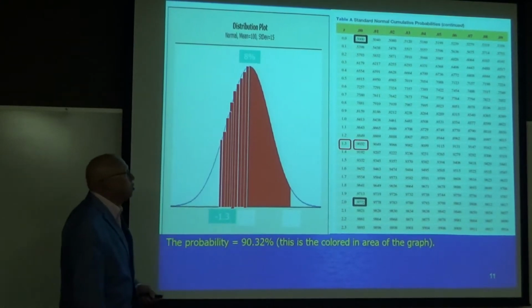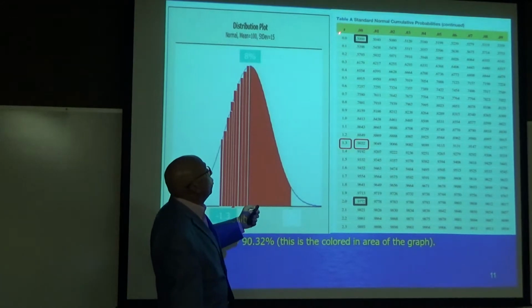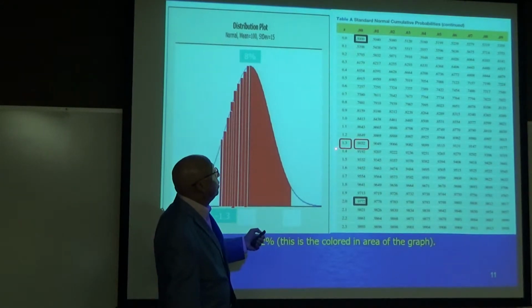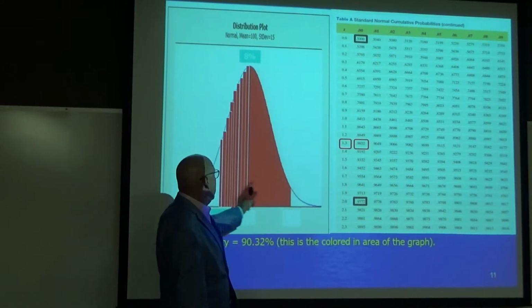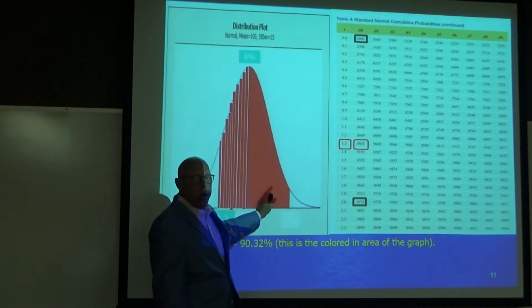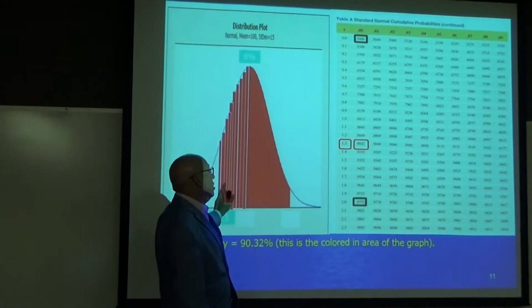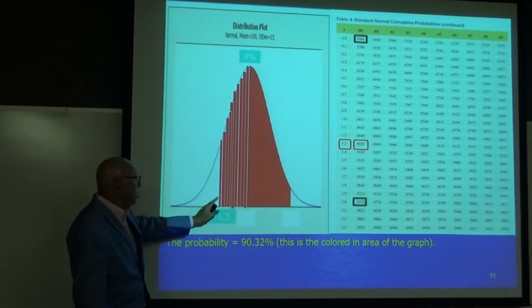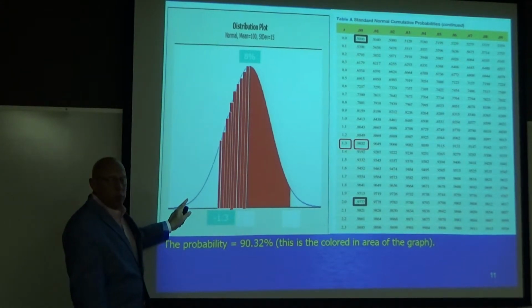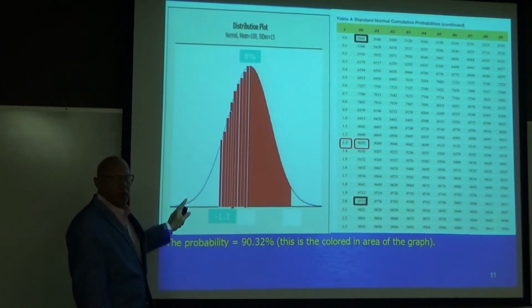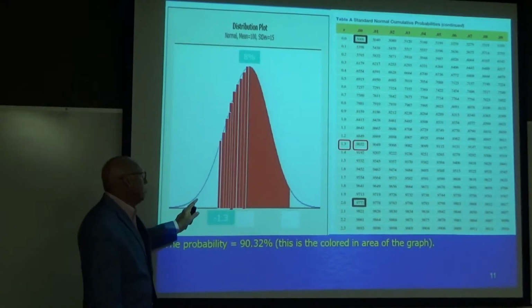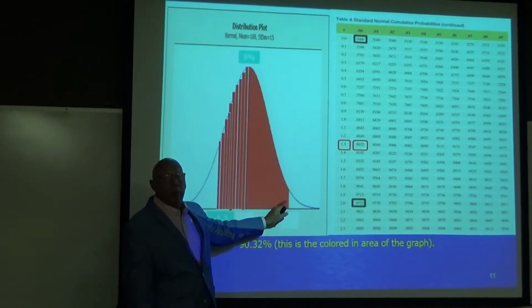Okay, folks? So here's our z-score, and we go down to 1.3, and then go over here, and we find that we have a 90% chance that we will earn 0% or greater, which means there's about a 10% chance on this side that, given a mean of 8% and a standard deviation of 6%, we'll have a negative return, and a 90% chance that we'll have a positive return.